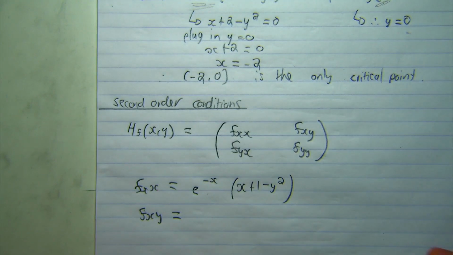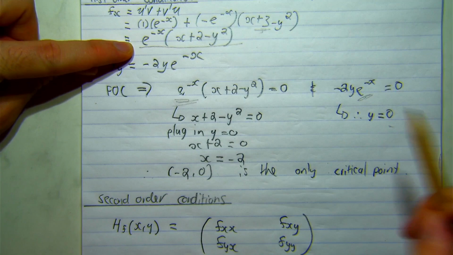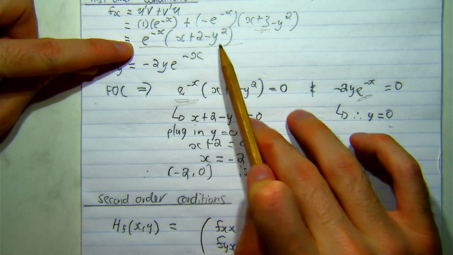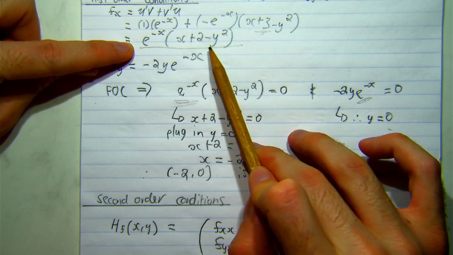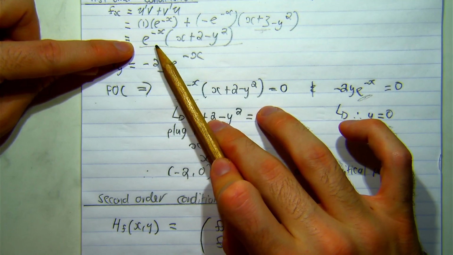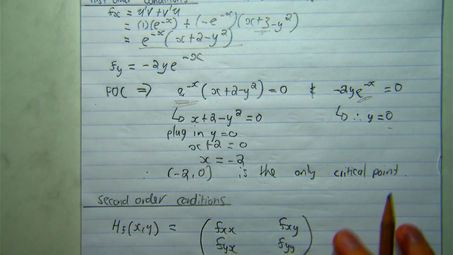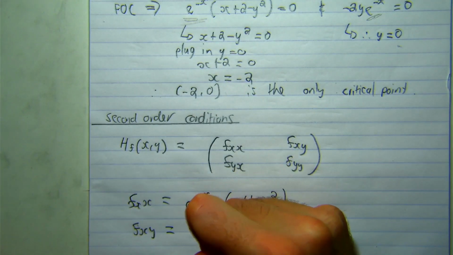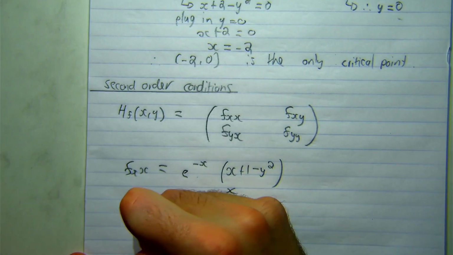fxy. What is that equal to? Well, we're differentiating this with respect to y. So expanding this out and analyzing, the only y term is minus y squared e to the minus x. So differentiating with respect to y will give us minus 2y e to the minus x. Great.